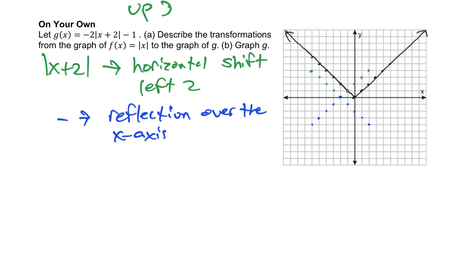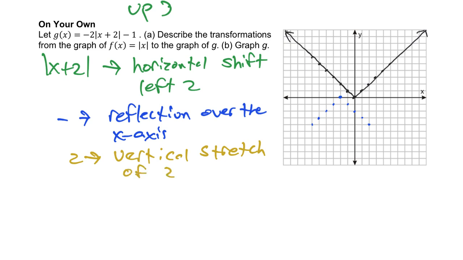And maybe to help my eyes here in a second, I'm just going to already start erasing some of these green dots just so I don't get confused, and maybe even get rid of that green one right there as well. Okay, so that blue one's where I'm at now. Now, it's the 2. That 2 is a vertical stretch of 2.